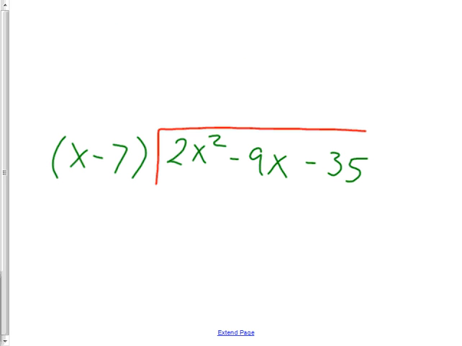And I know you already know the answer. You already saw the answer. But try to figure out how you would piece this together. Do the long division.